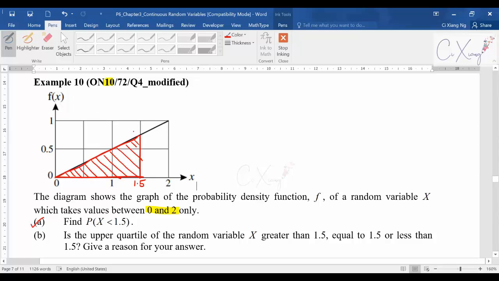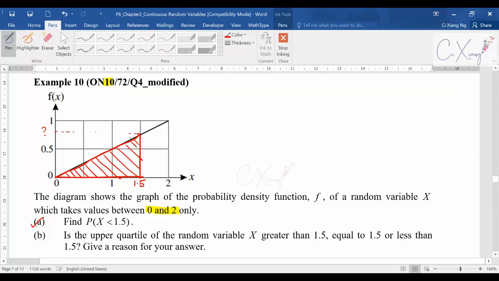Some students will say, can I just use the formula for the triangle area? You can if you want, but our problem now is that we don't know what this value is. Then some students will tell me, if you look at the graph, it seems like it's 0.75. But actually we cannot show that it is equal to 0.75.